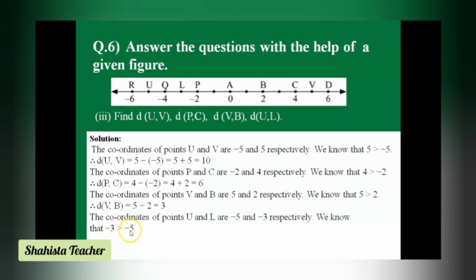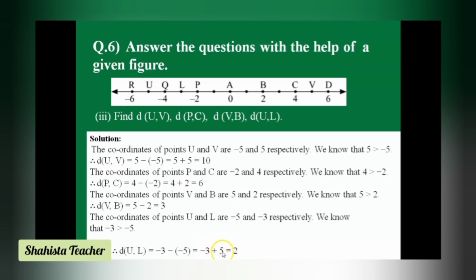Now we are calculating the distance of U to L. So we will write the distance of U to L is equal to -3, then put the difference minus sign and inside the bracket we will put -5. So there are three minus signs. Minus into minus gives us plus, and put here -3. So positive 5 and negative 3, 5 minus 3 is positive 2.